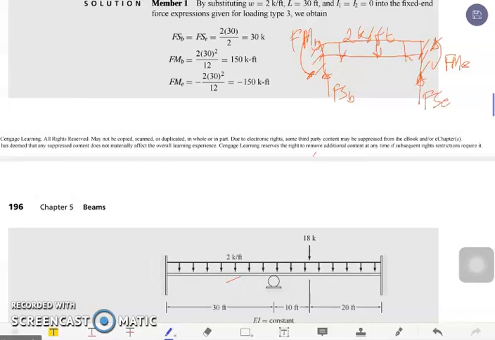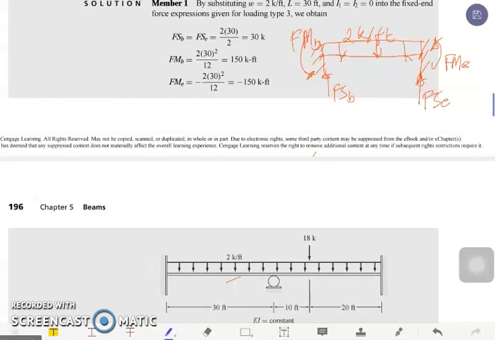For this one, this is a uniform loading. As mentioned a while ago, if that is a uniform loading, you have to go back to your TOS, or theory of structures. The formula for the shear force for uniform loading is WL all over 2.